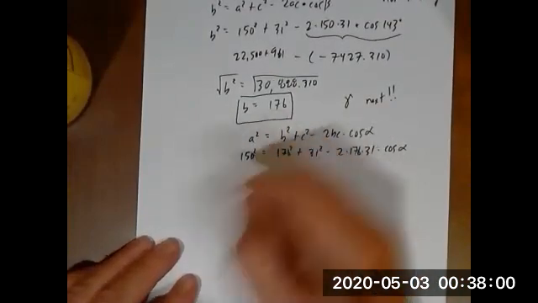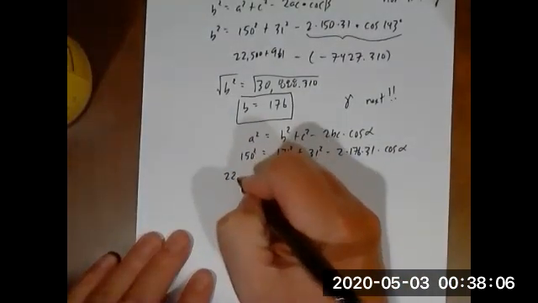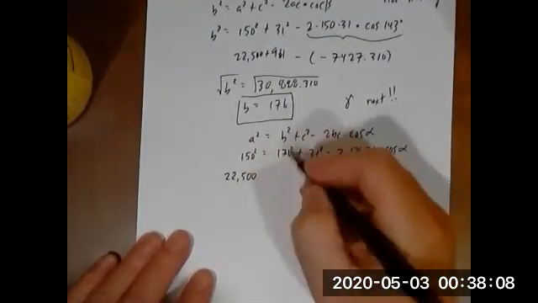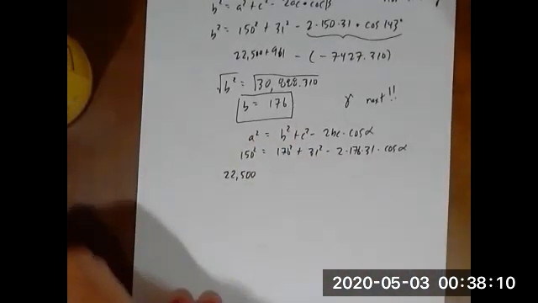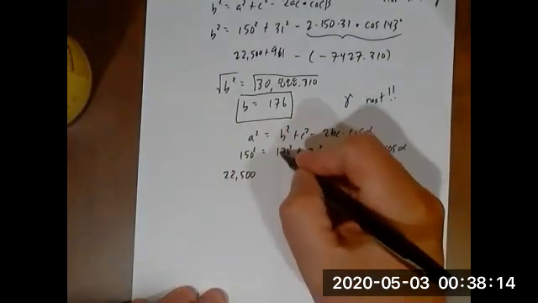So you're going to see 150 squared. It's 22500. I'm going to square 176 and then subtract it. I'm going to move it over here.